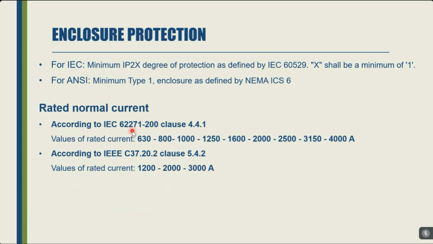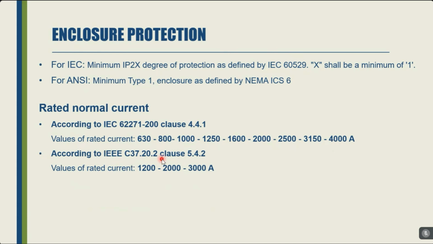As per the IEC 62271 part 200 standard, clause 4.4.1, the standard values of rated current are 630 ampere, 800 ampere, 1000 ampere, 1250 ampere, 1600 ampere, 2000 ampere, 2500 ampere, 3150 ampere and a maximum of 4000 ampere for HT switchgear.